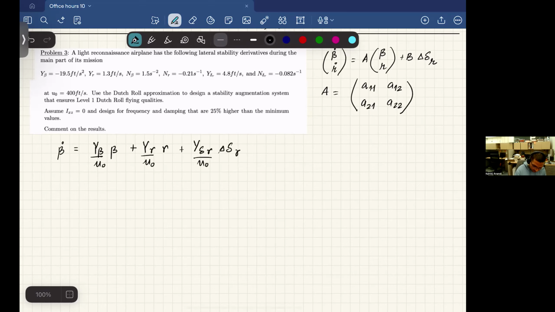So this is A11, this is A12, and B is going to be two entries, B1 and B2, and this is B1.